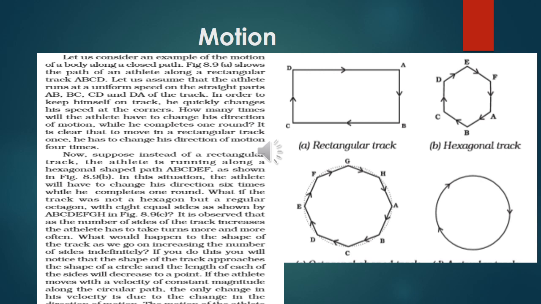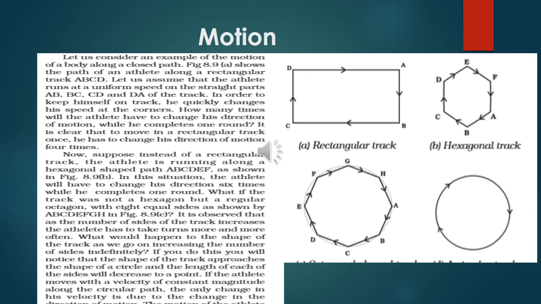Suppose he starts the journey from A, then he will move first AB, then BC, then CD, then DA. Then one round will be complete.